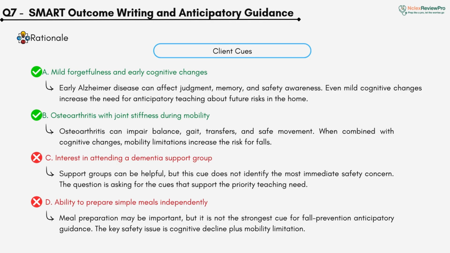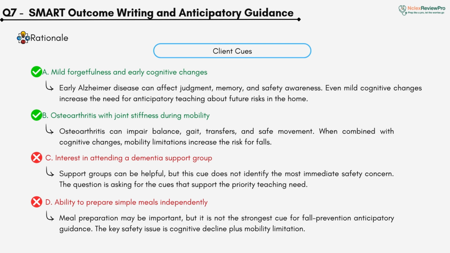Option C, interest in attending a dementia support group. This is incorrect. A support group can absolutely be helpful, but it does not identify the most immediate safety concern in this question. The question is asking for the cues that support the priority teaching need, and the strongest teaching need here is fall prevention.